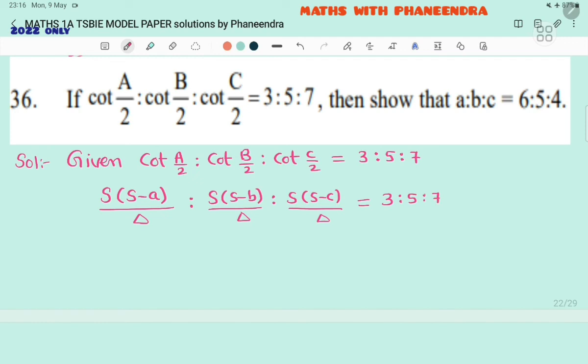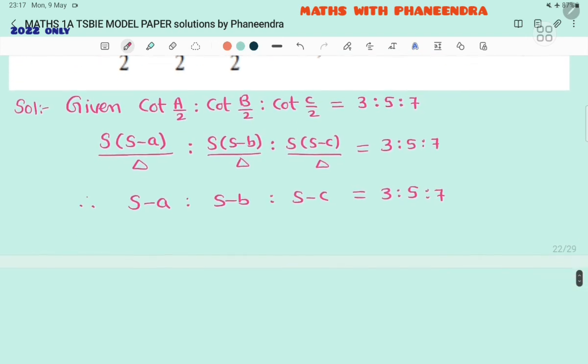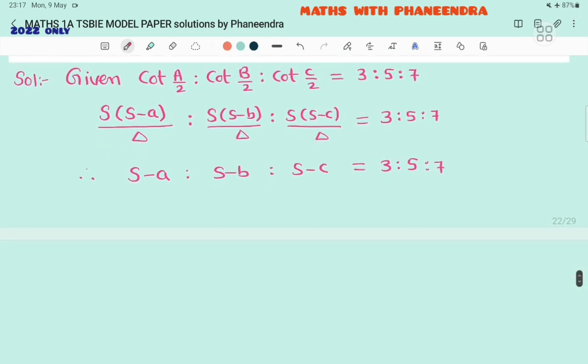So in LHS, S by delta, S by delta, S by delta, you can cancel it. After cancelling the same values, it becomes S minus A is to S minus B is to S minus C is equal to 3 is to 5 is to 7. So if A is to B is to C is equal to L is to M is to N, it means A by L equal to B by M equal to C by N. So that is (S minus A) by 3 is equal to (S minus B) by 5 is equal to (S minus C) by 7.